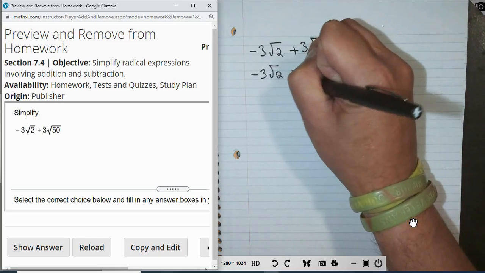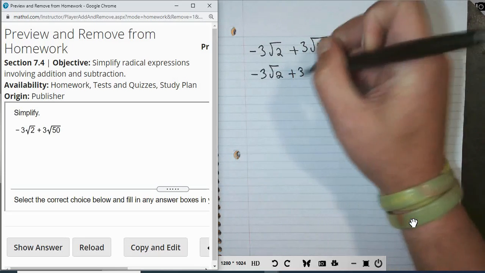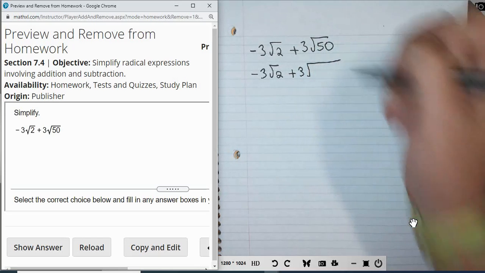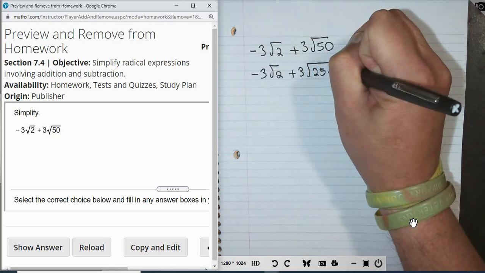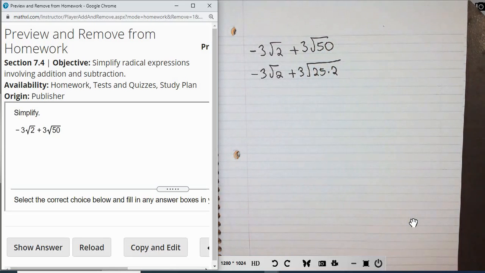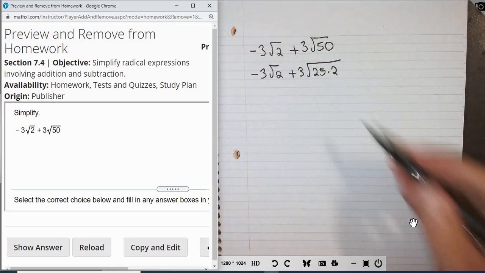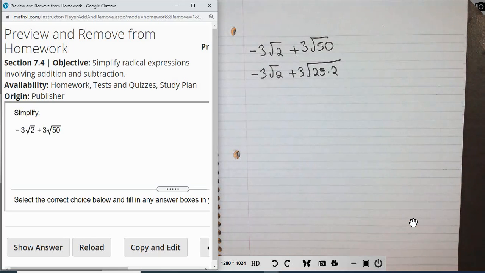So let's write it that way, because 25 times 2 is 50, right? What we have there is a factor raised to a power equal to the index. 5 squared has a power of 2, and our index is 2.